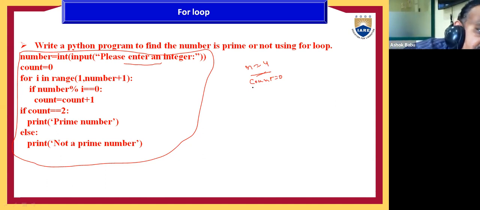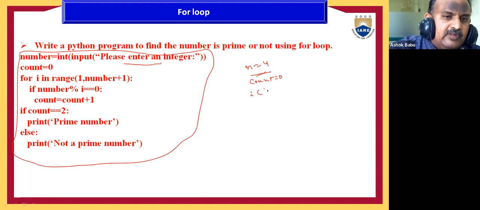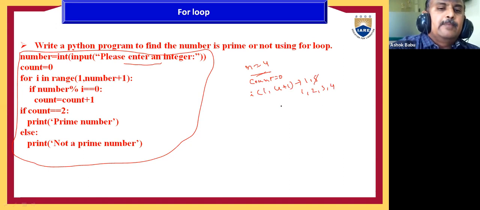Here i is ranging from 1 to number plus 1, where number plus 1 is 4 plus 1. So i is ranging from 1 to 5, because 5 will be excluded. Now i has the iterations 1, 2, 3, 4.